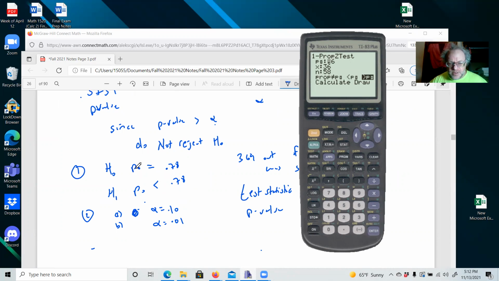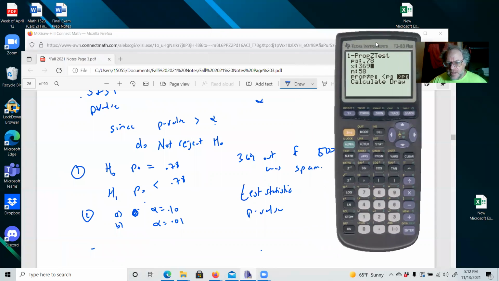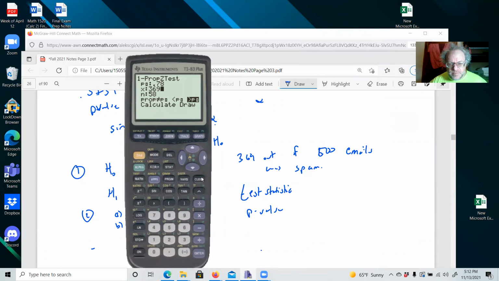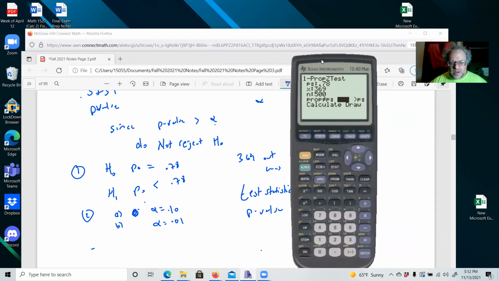Enter. So in this case, our p sub 0, what are we testing against? 0.78. What information were we given? 369 divided by 500. Okay, n is 500. Okay, and they want to know, is it not equal to, greater than, or less than? They want to know if this is less than 0.78.